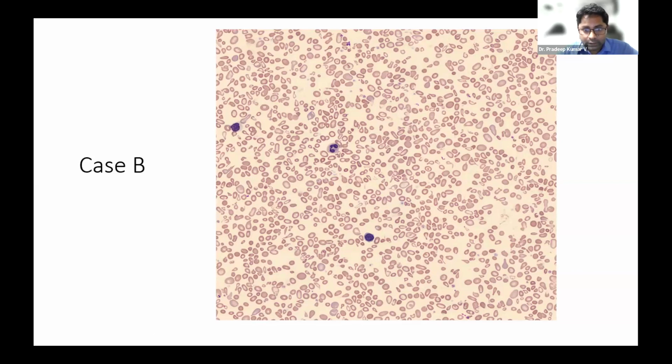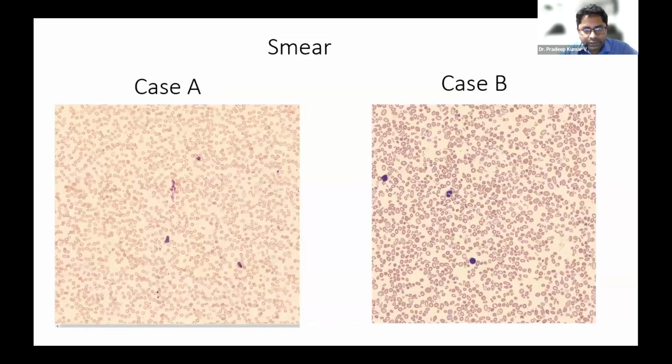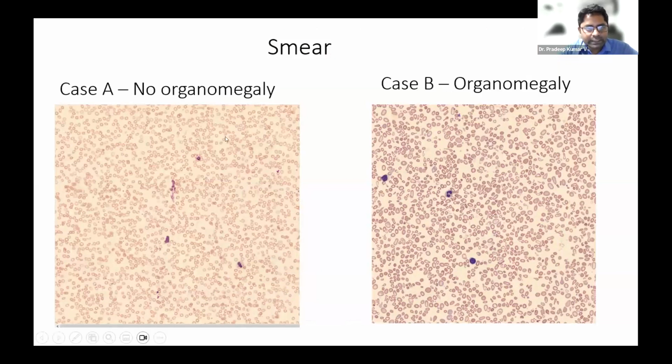So what are we looking at? We compare it side by side, case A and case B. We saw these two girls clinically, and case A had no organomegaly and case B had splenomegaly along with icterus. So what do we think we are dealing with?